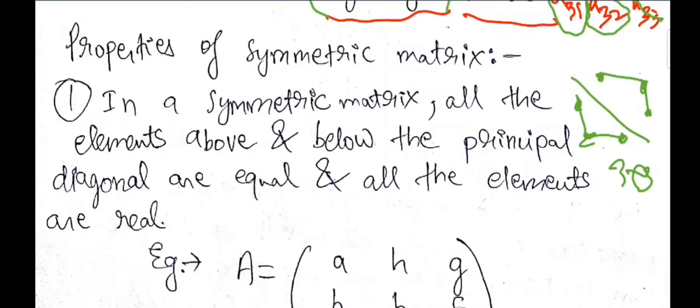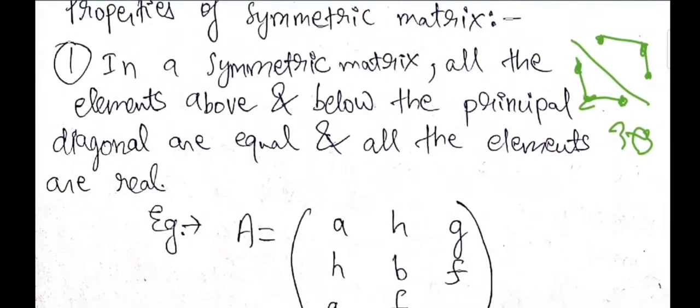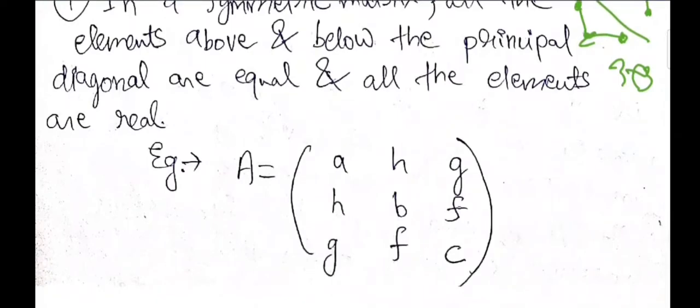In a symmetric matrix, the elements above and below the principal diagonal are equal, and all these elements a, b, c, h, g, f are real ones.